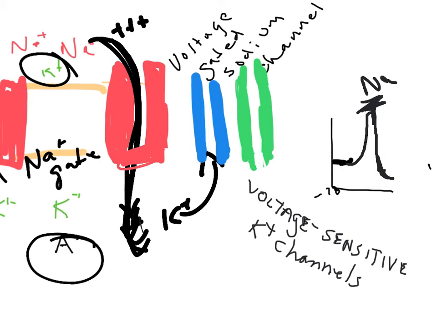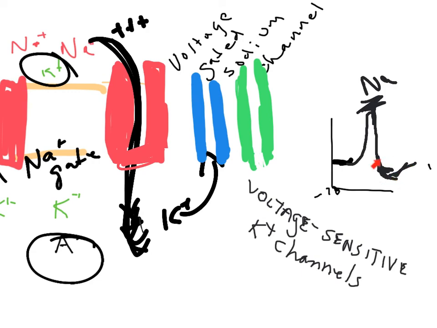So you have this absolute refractory period in which an action potential cannot be regenerated. The relative refractory period is the period it takes for the voltage-sensitive potassium channels to close.